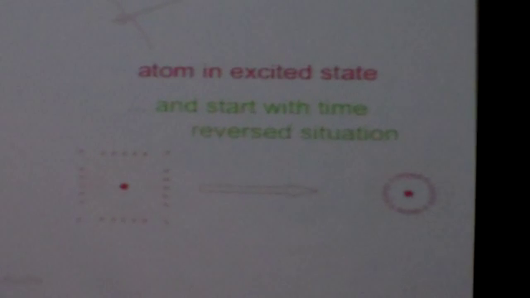So now we learned what we need to do. We know that the emitted photon is a wave packet, with a sharp rising leading edge and an exponential tail.